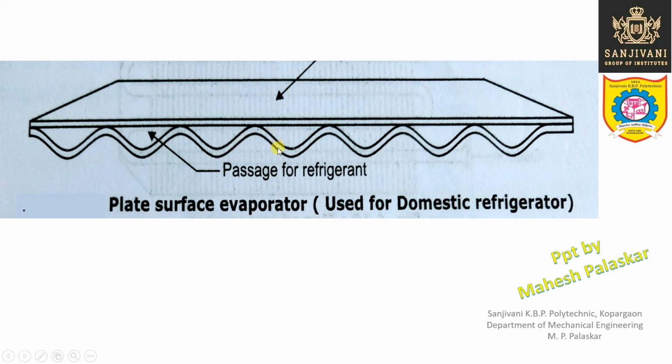So this particular sheet, one wall or sometimes both the walls, are converted in such a shape that it will form a continuous tube, right? Maybe zigzag, and through that tube the refrigerant will flow and that will also act as the wall of the freezer compartment.